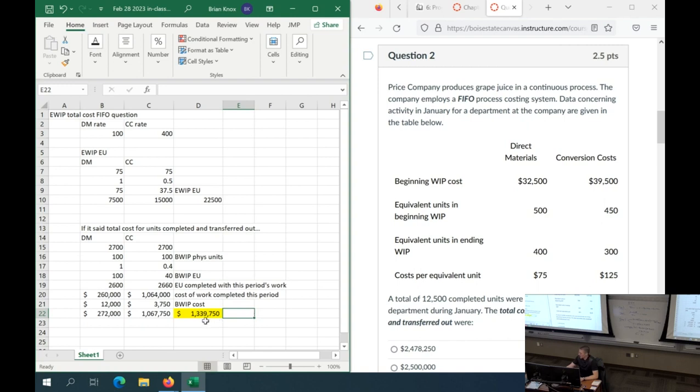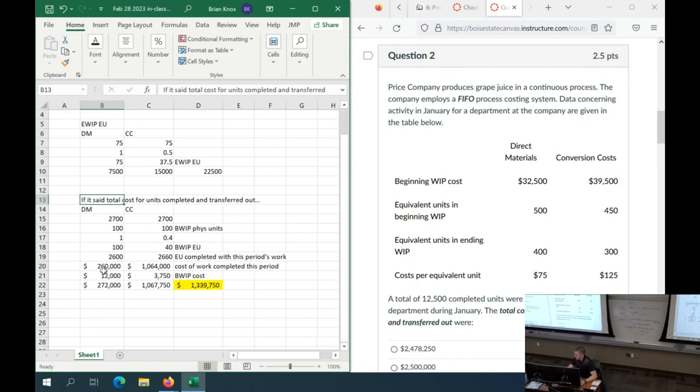And we only did the step 3 part of it. We already had the rates provided to us. So if the comprehensive question asks for the cost of units completed and transferred out and gives you the raw basis to start from step 1 and go all the way through, then that's the most difficult in chapter 6, and chapter 6 tends to be the most difficult in the course.